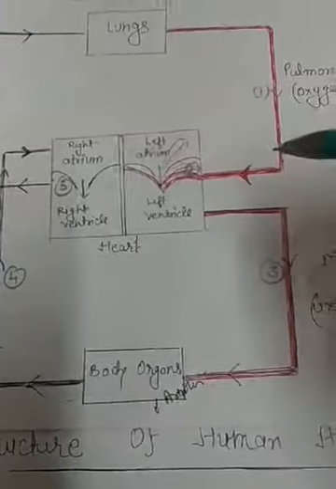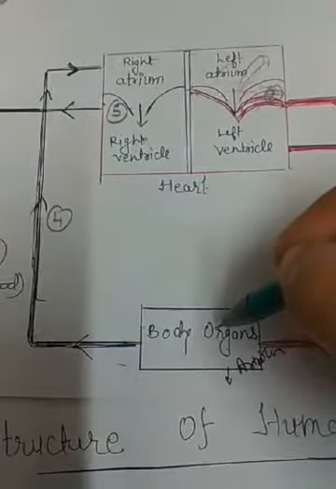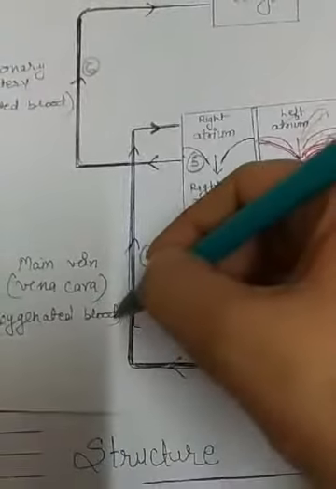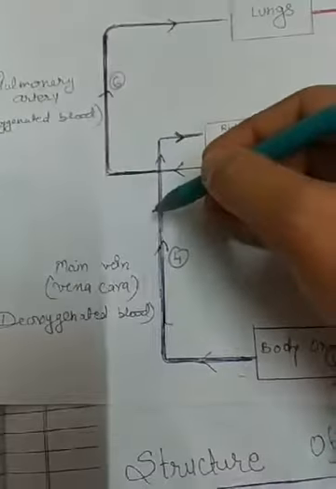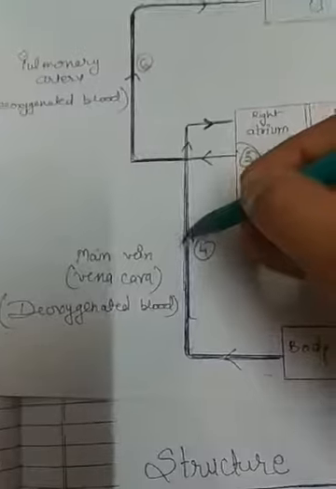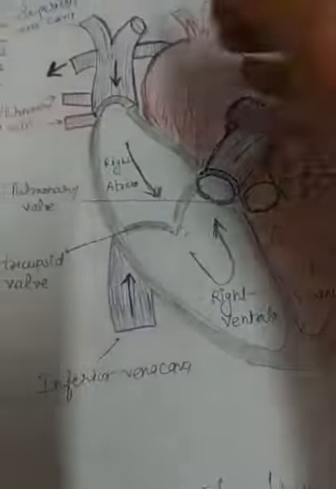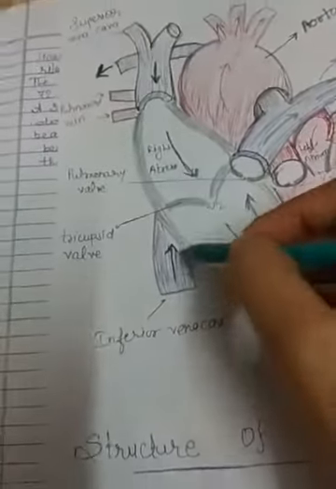deoxygenated by losing oxygen. Now, the deoxygenated blood from the body organs enters into the main veins called vena cava. There are two vena cava, the superior vena cava and the inferior vena cava.